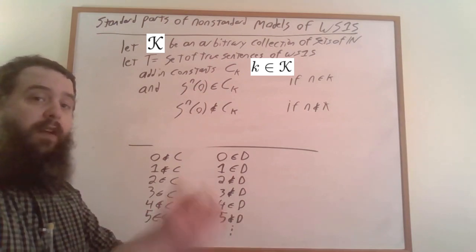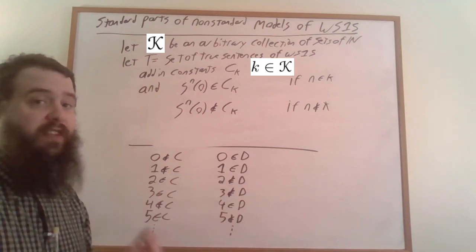What do the sets in our non-standard models look like when we restrict them to just the natural numbers?